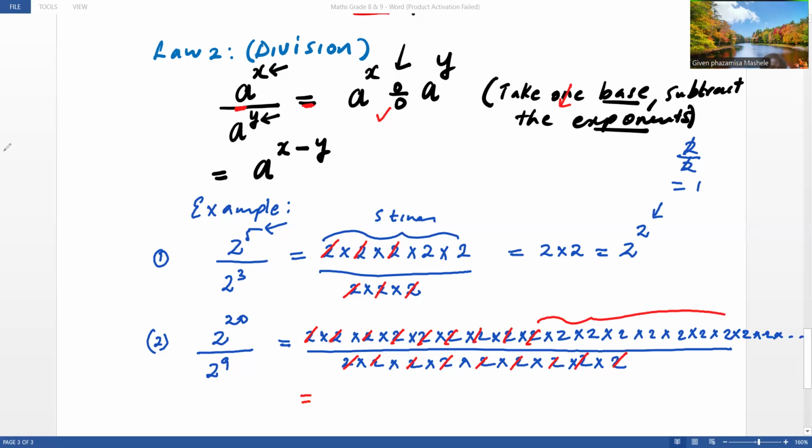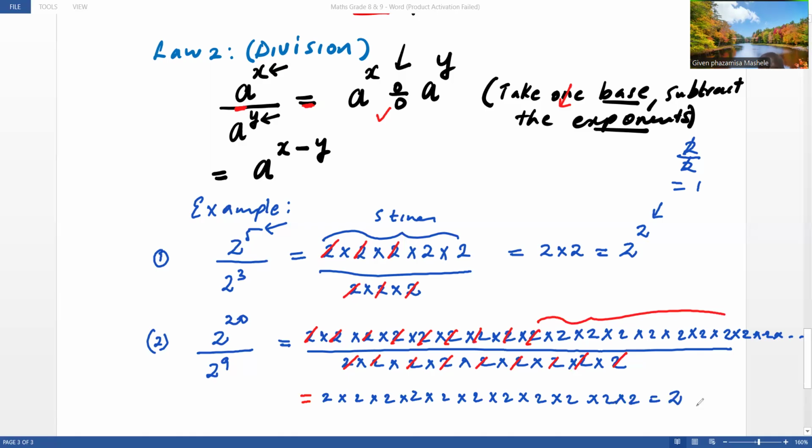How many times? 11 times. Imagine having to write this, to say you have 2 times 2 times 2 times 2 times 2 times 2 times 2 times 2 times 2 times 2. So it's 1, 2, 3, 4, 5, 6, 7, 8, 9, 10, 11 times, which is just how many times?